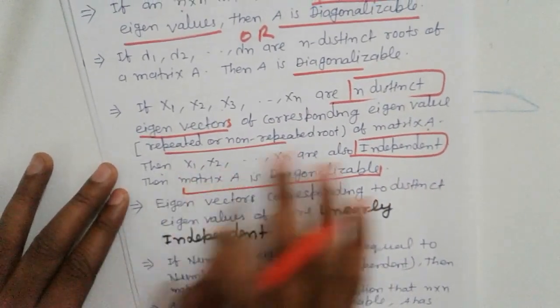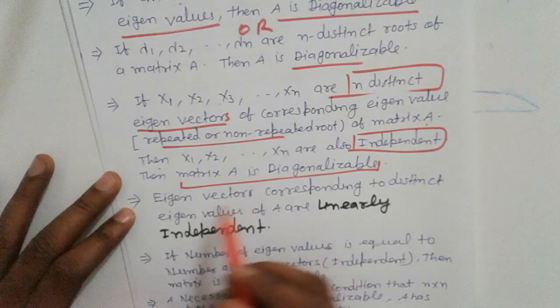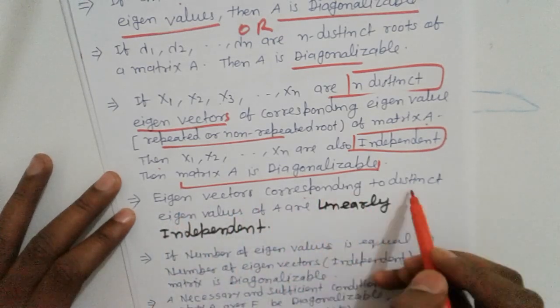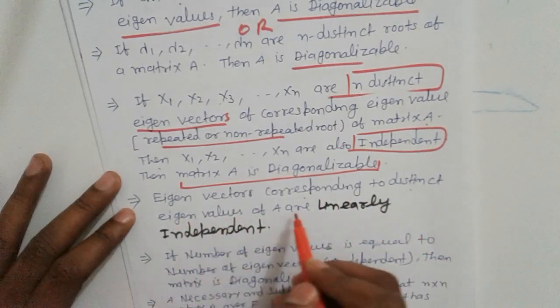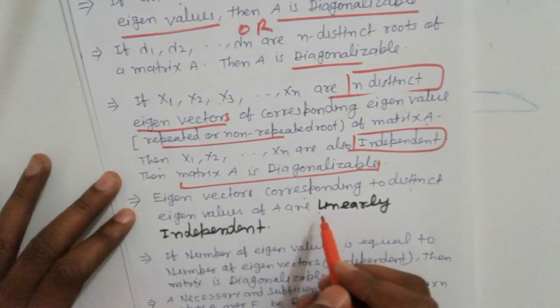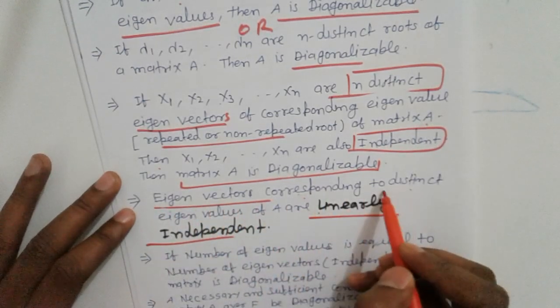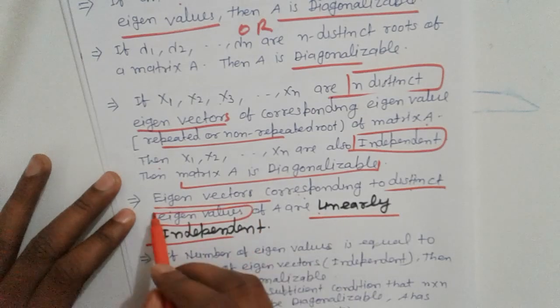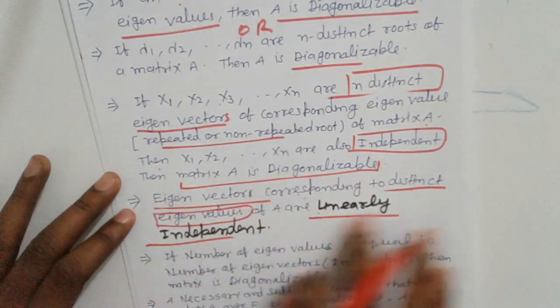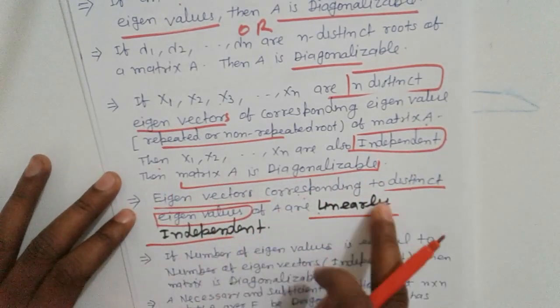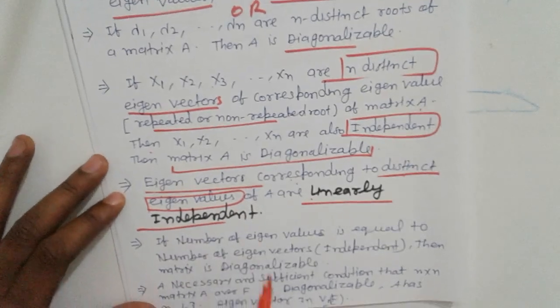Roots are repeated and non-repeated, no problem, doesn't matter. Eigenvectors corresponding to distinct eigenvalues of A are linearly independent. So eigenvectors are corresponding to distinct eigenvalues, means distinct, but distinct eigenvalue है, so eigenvectors are linearly independent.